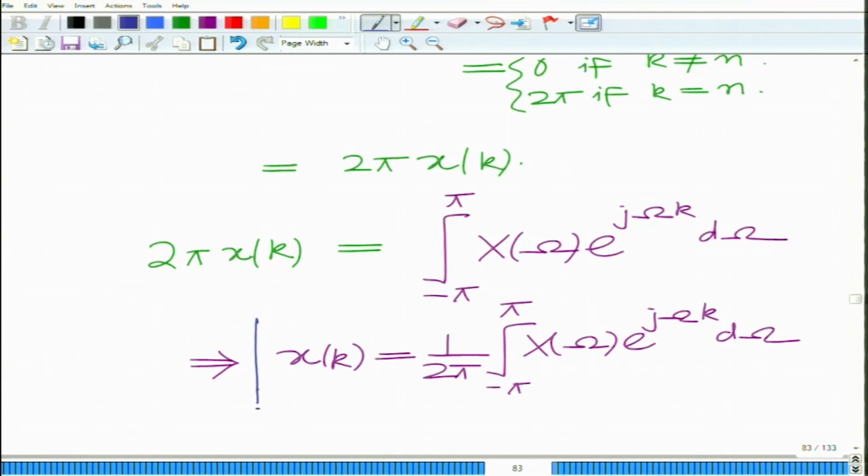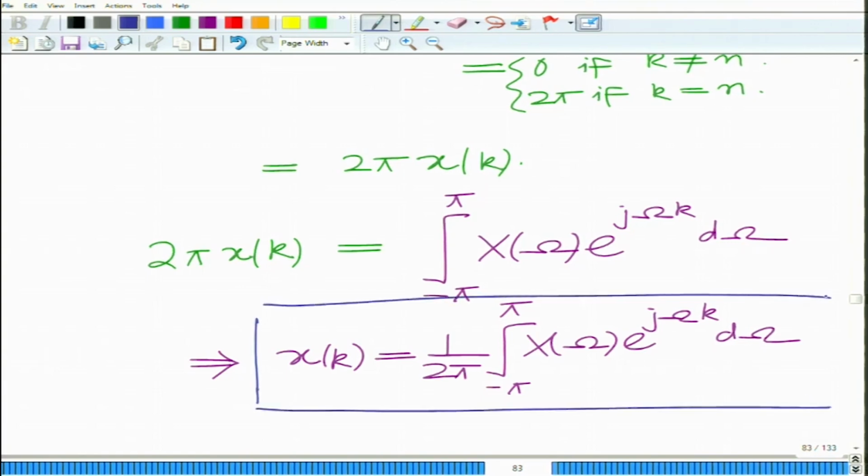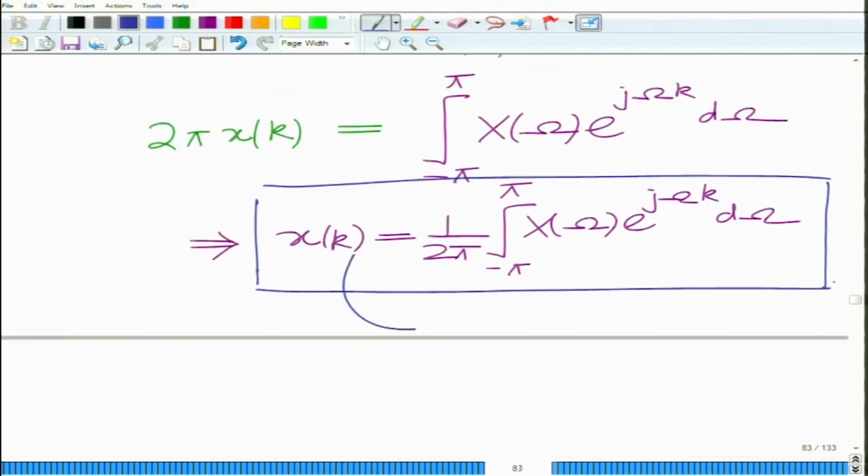This is basically the expression for the inverse discrete time Fourier transform.